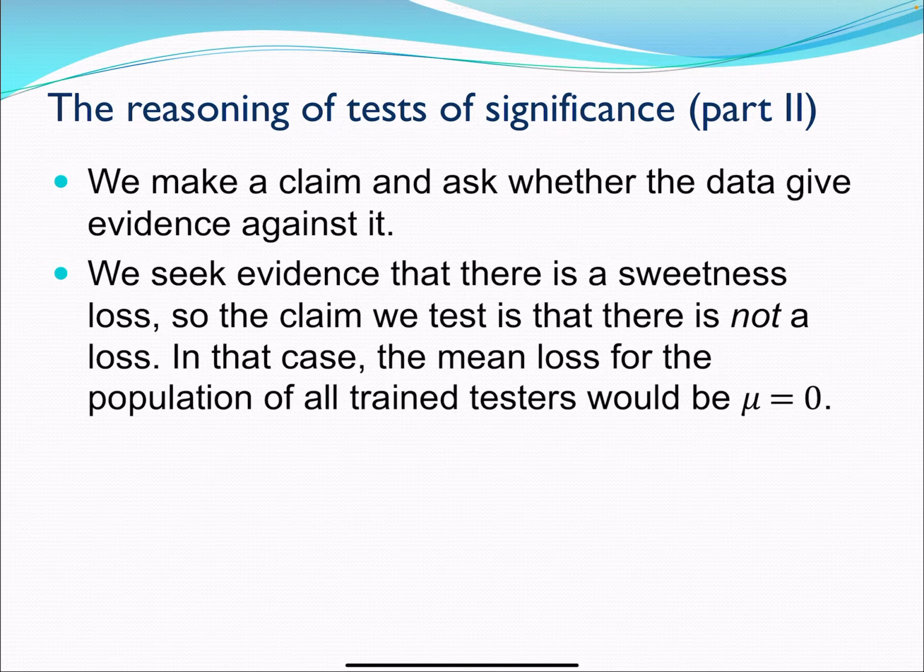We seek evidence that there is a sweetness loss, so the claim we test is that there is not a loss. When we have a null hypothesis, that's what this is, our initial claim, it's always going to have an equal sign. So in this case, the mean loss would be 0. We say there's no sweetness lost.